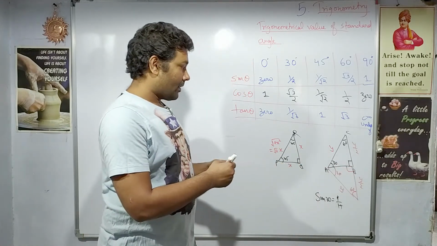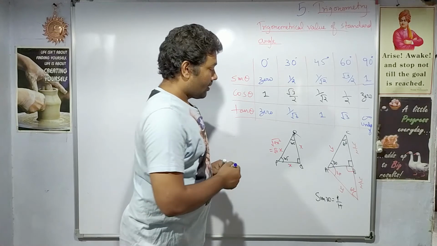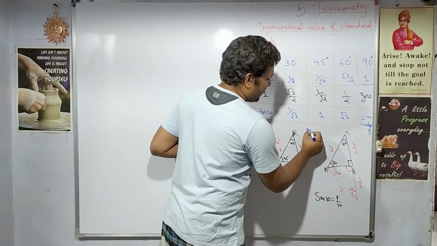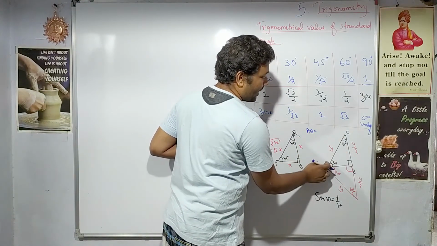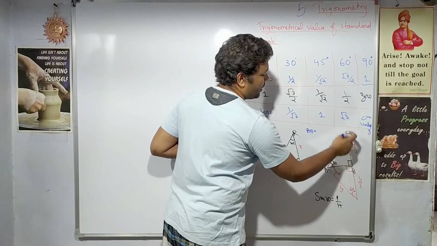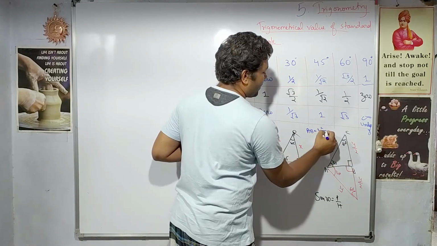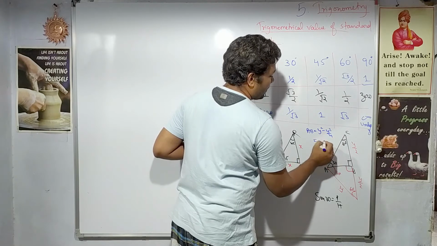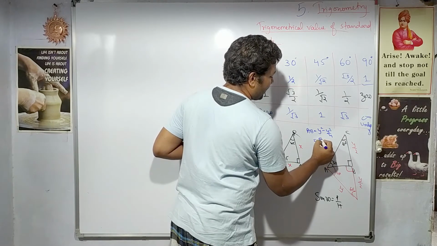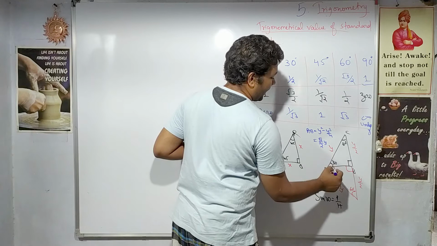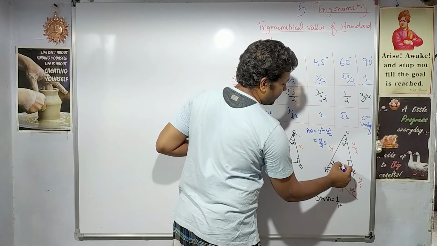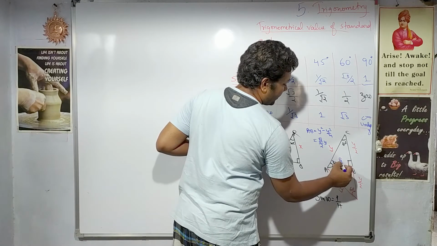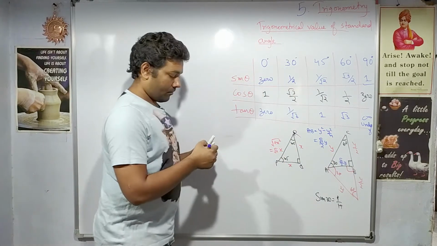Let us find out that value. The value of AB will be the hypotenuse square minus the other side square. So y square minus y square by 4. So it will be square root of 3 by 2 into y. So the value of this part will be square root of 3 by 2 into y.